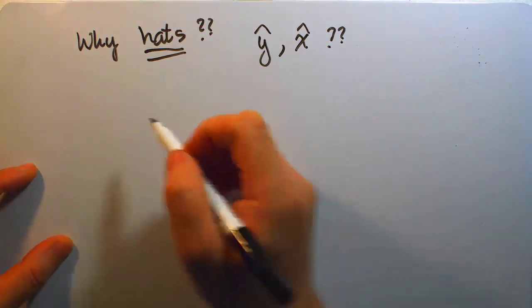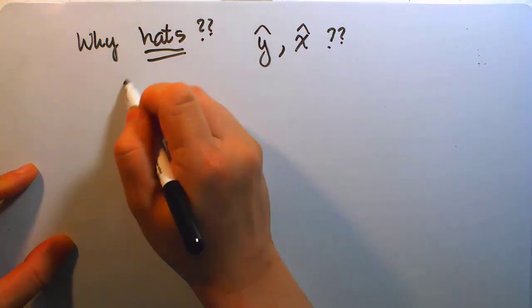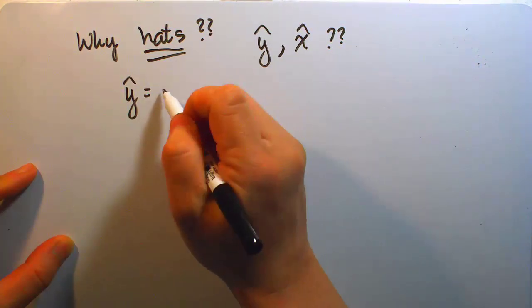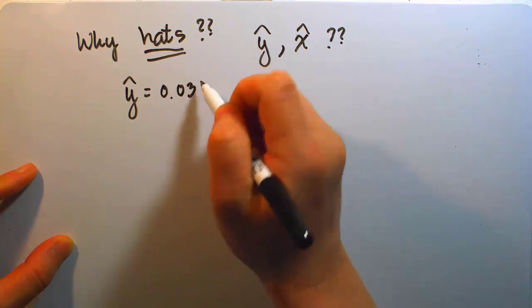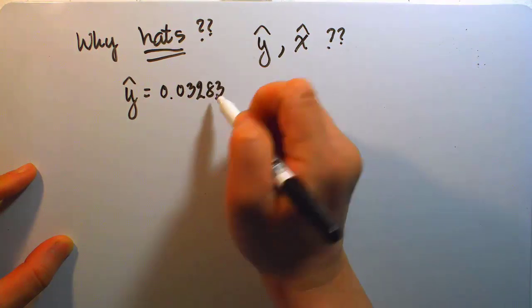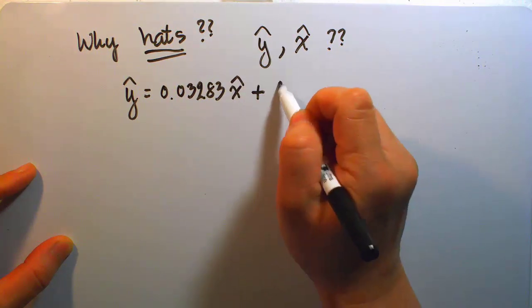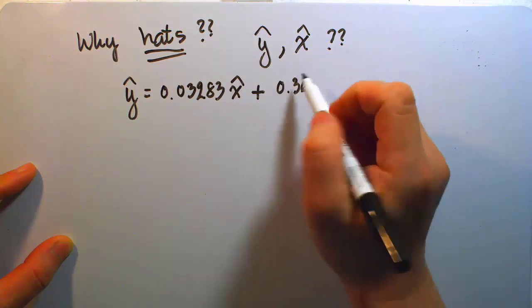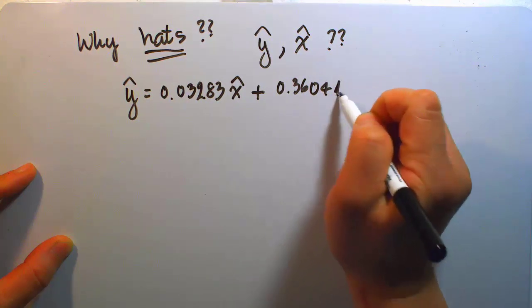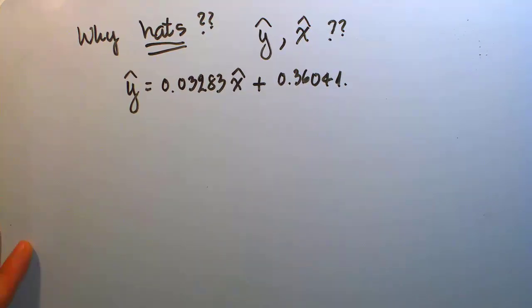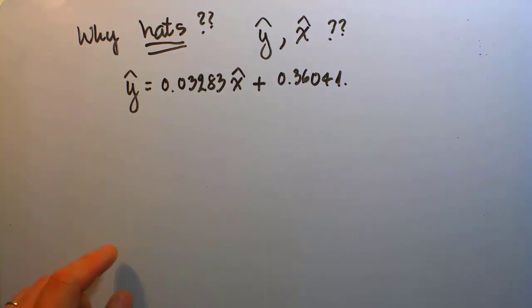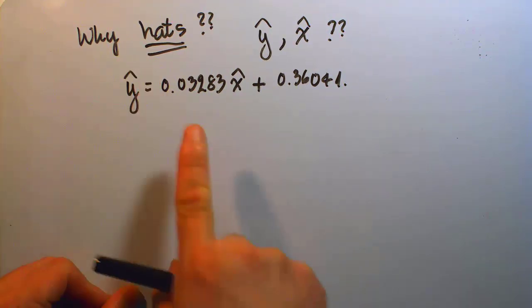For now, at this point, we came to the equation being y hat equals 0.03283 x hat plus 0.36041. All right, and so here's the reason why we're putting hats over our variables right here.